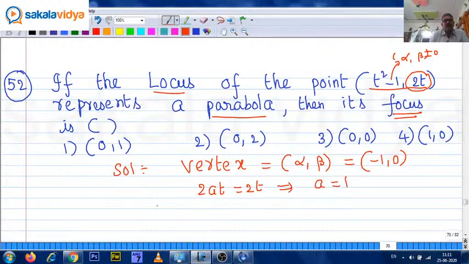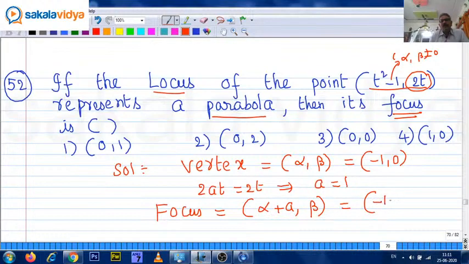Now focus we need to find out. So focus is equal to the formula alpha plus a comma beta. So alpha is minus 1 plus 1 comma beta is equal to 0. So this equals to 0 comma 0. This is the answer.